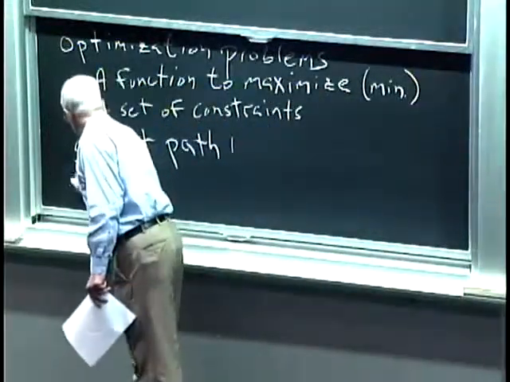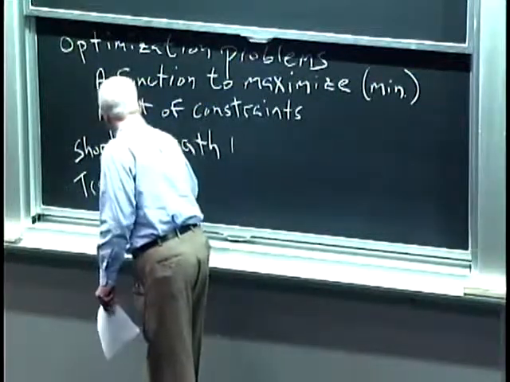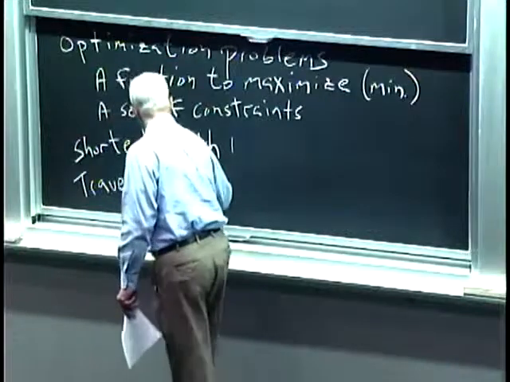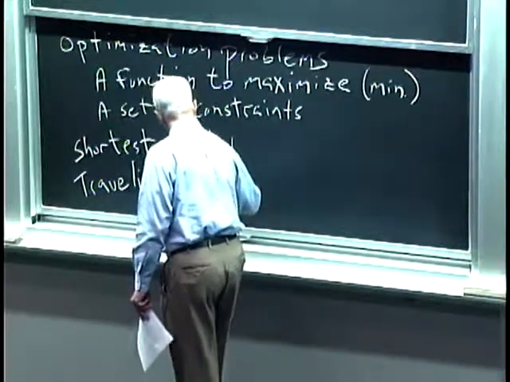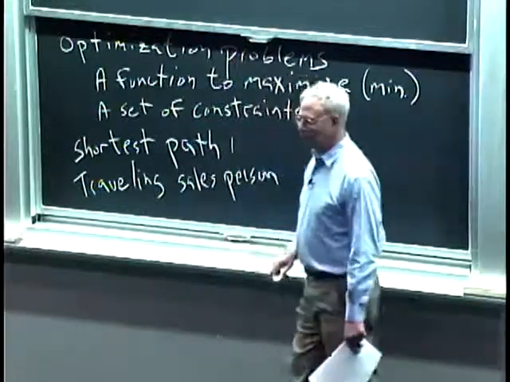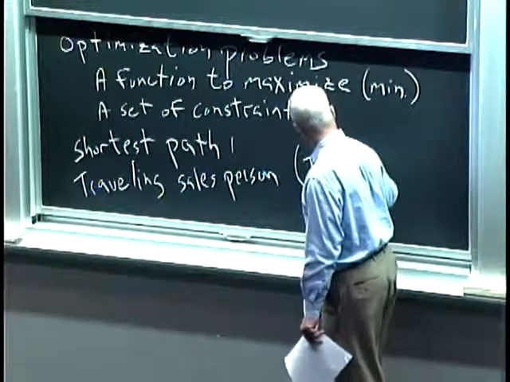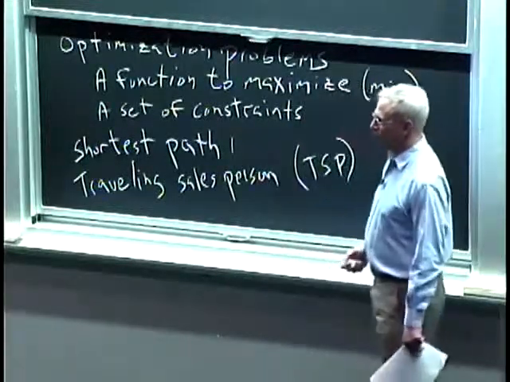Another classic optimization problem is the traveling salesman. Actually, I should probably be modern, call it the traveling salesperson problem.